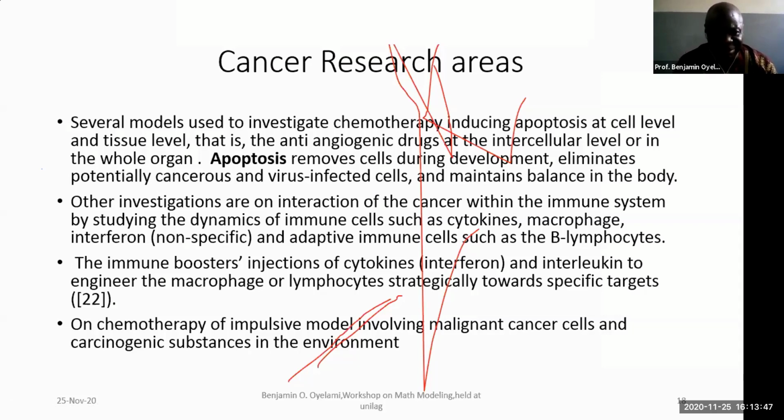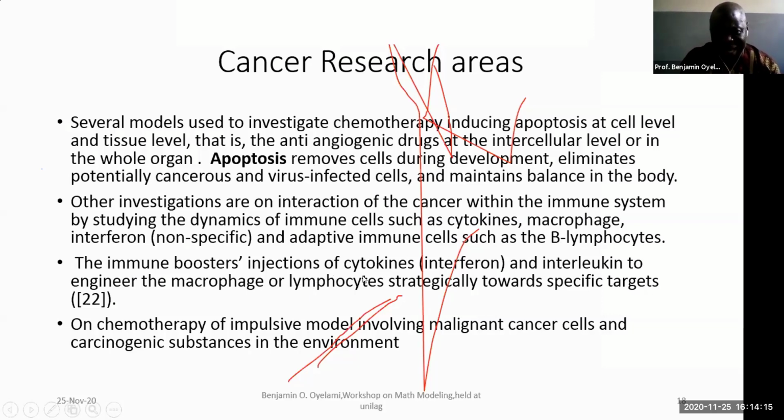And other investigation is the interaction of cancer with the immune system. So we talk about the immune system, like cytokine, macrophage, and we also use other things like interferon and adaptive immune cells like B lymphocytes, which are within the system. Then we have other drugs like immune boosters, like injection of cytokine.